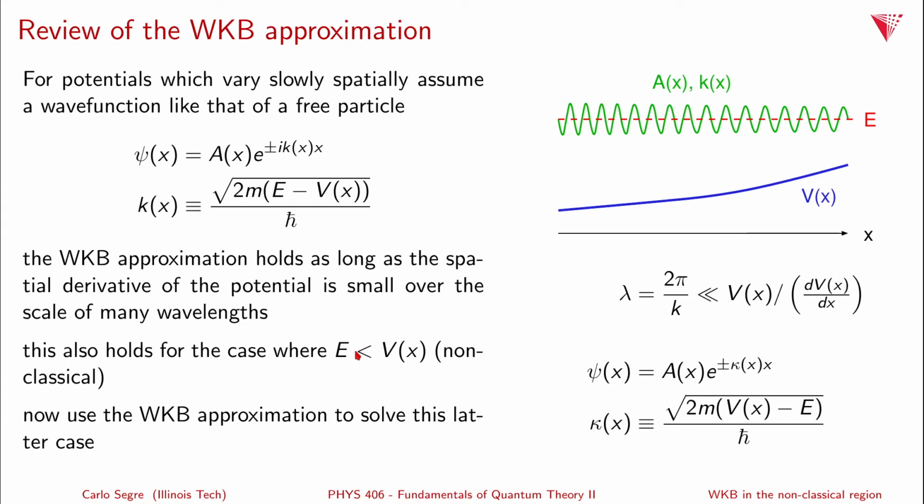We solved the situation of the classical region, that is where we had an oscillatory function. And we got something that looked like oscillatory functions where the phase, which is up here, k of x times x, was an integral of the momentum.